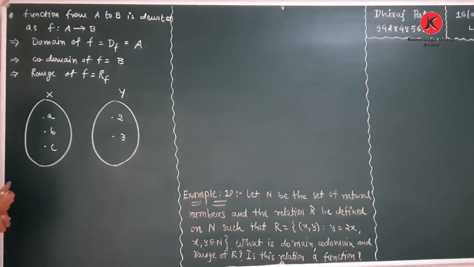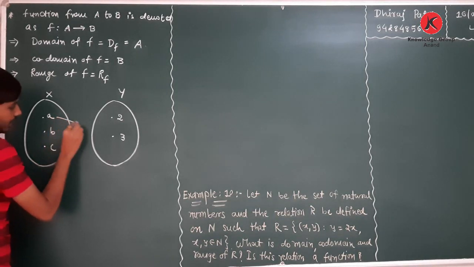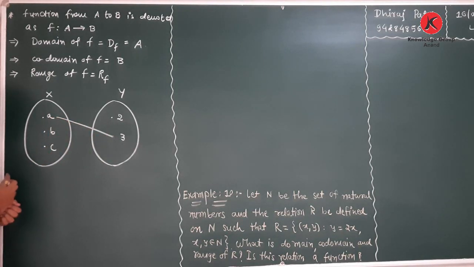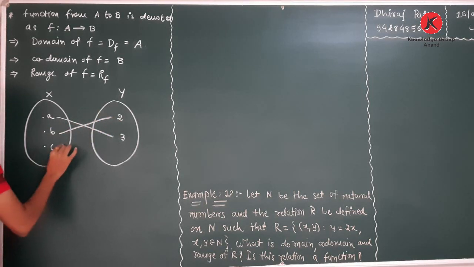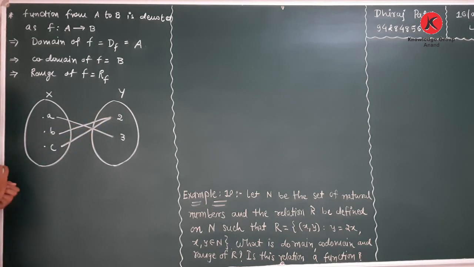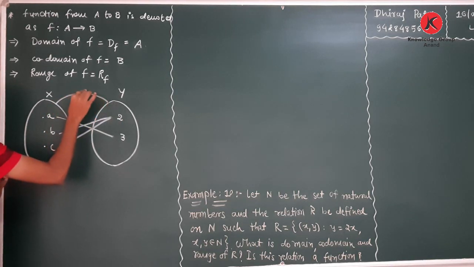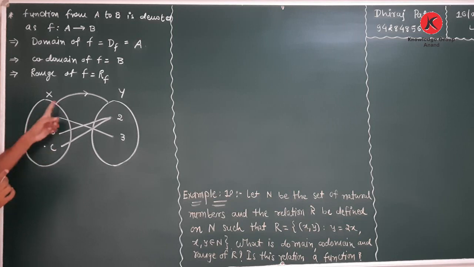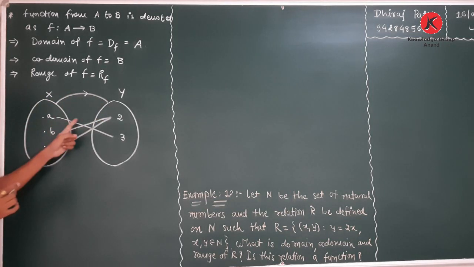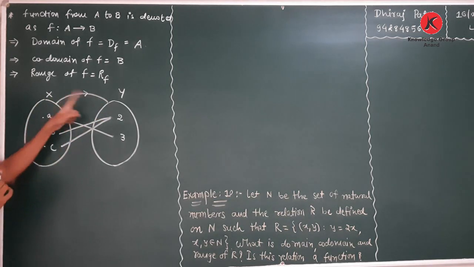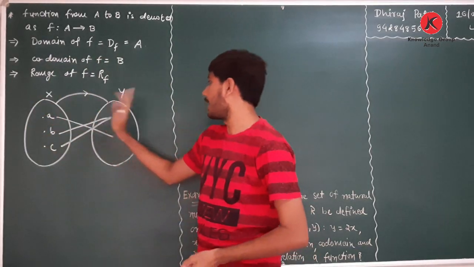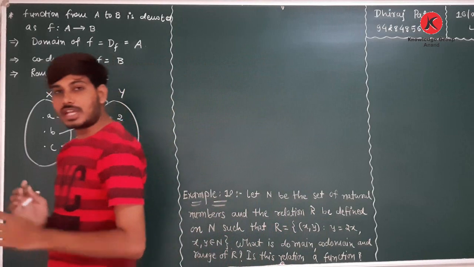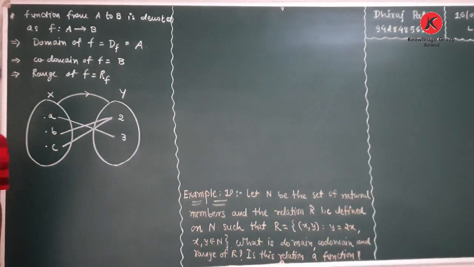The relation between A and 3 is there, B and 2 is there, and C and 2 is also there. This is the relation from X to Y. Now check whether this relation is a function or not.